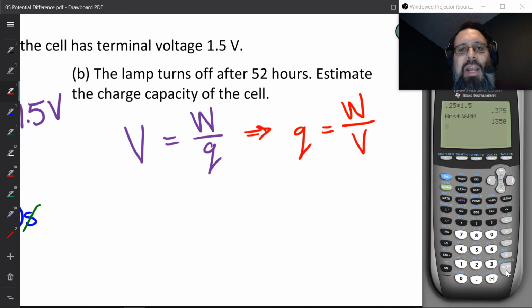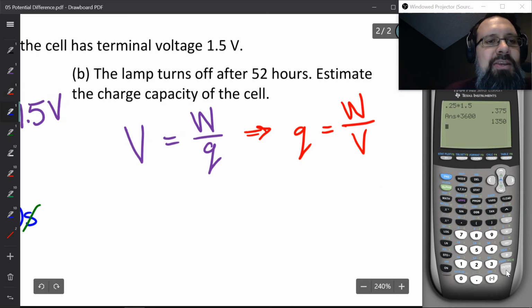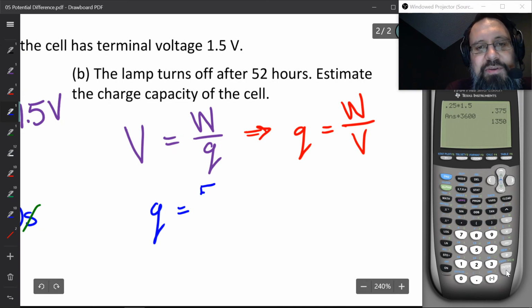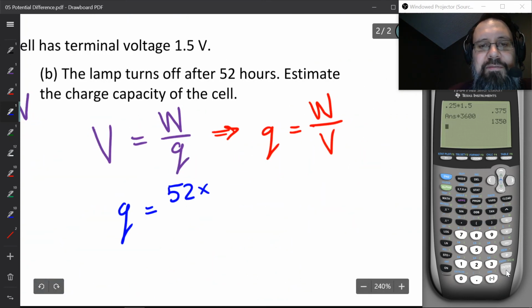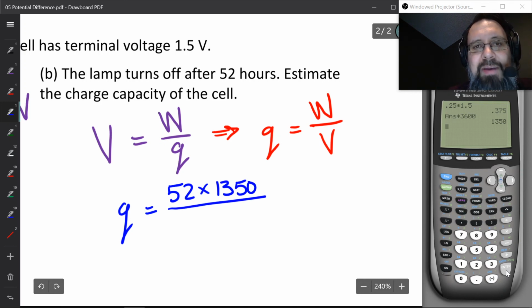Now we know how much energy this thing is going to use, so let's solve for this. It's 52 hours times the energy that it used per hour, which was 1,350, and then we divide that by the potential difference of the battery, which was 1.5.